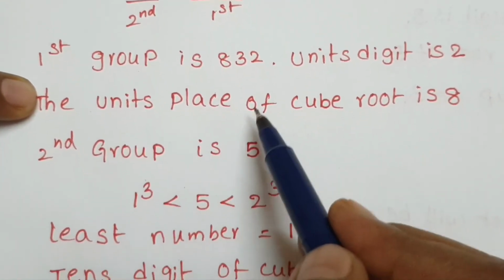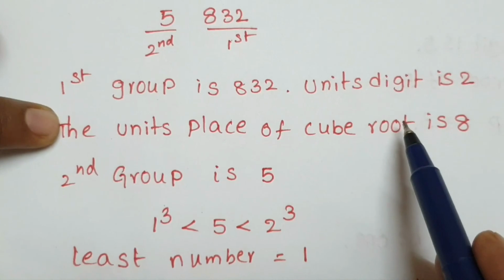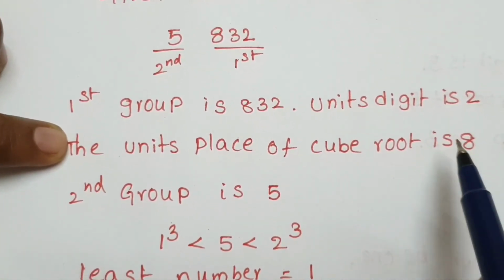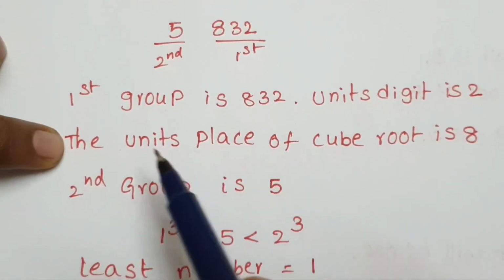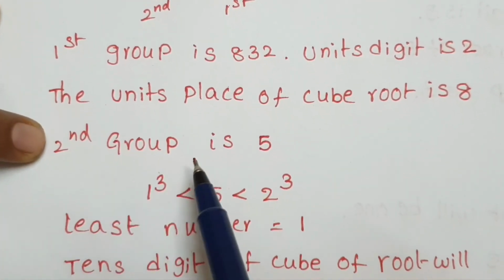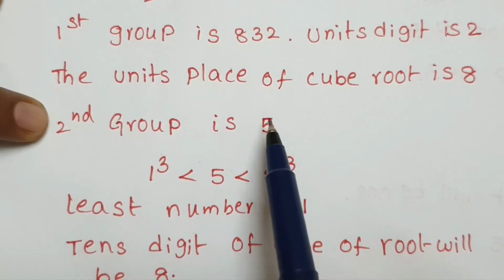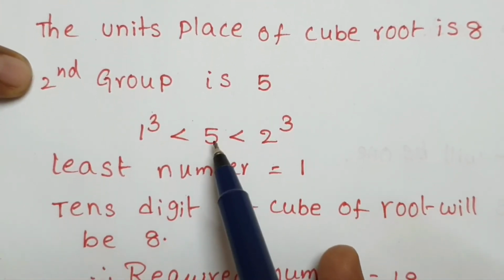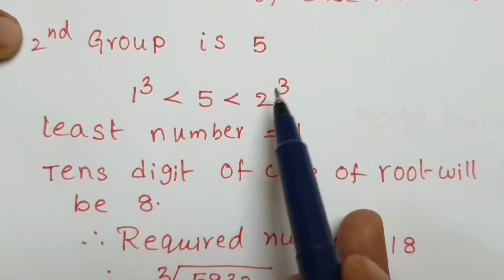For the units place of the cube root, 2 cube is 8. This is the units place answer. Now go for the second group, which is 5, only one digit. The number 5 lies between 1 cube and 2 cube.